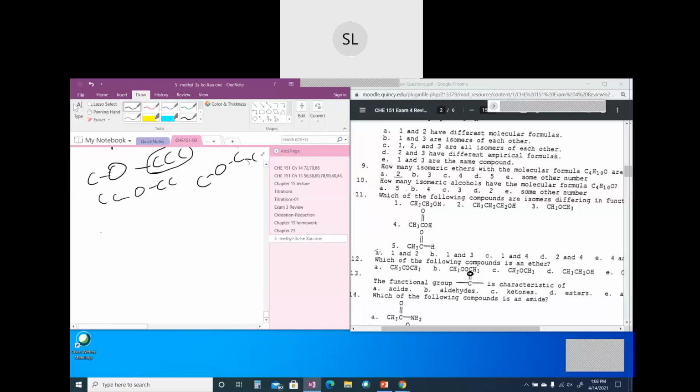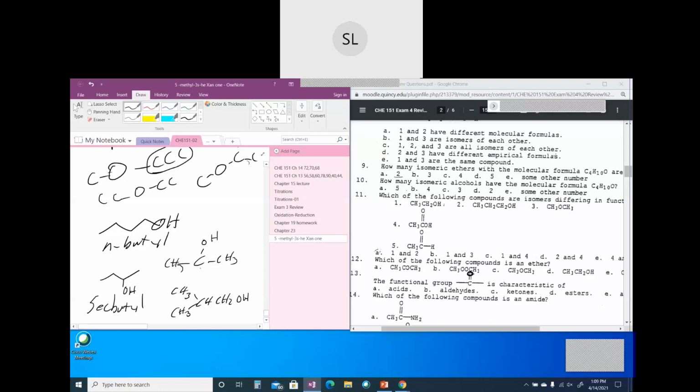You've got your N-butyl alcohol, your sec-butyl alcohol, your tertiary butyl alcohol, and finally your isobutyl alcohol.